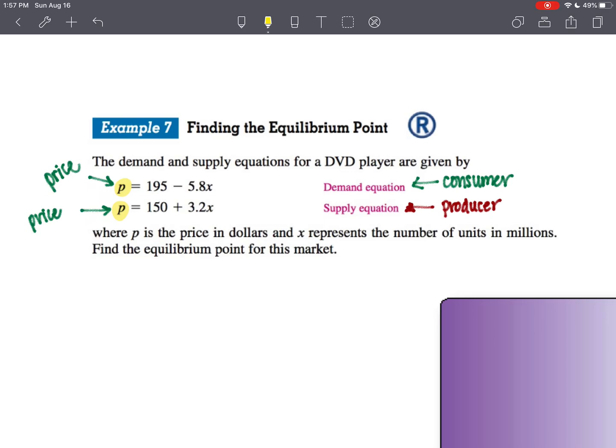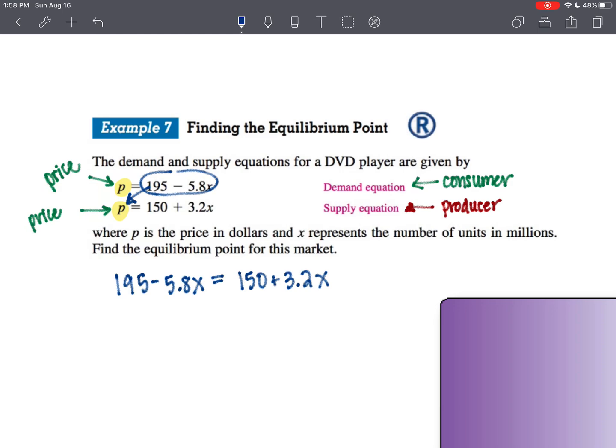So if P equals 195 minus 5.8x, and that same P equals 150 plus 3.2x, that means 195 minus 5.8x equals 150 plus 3.2x. It's simple substitution.